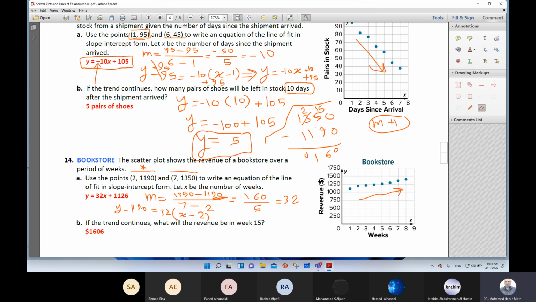Then prepare this equation to be like the standard form. And we want to remove negative 1,190 from this side, so we can add the inverse to the two sides.